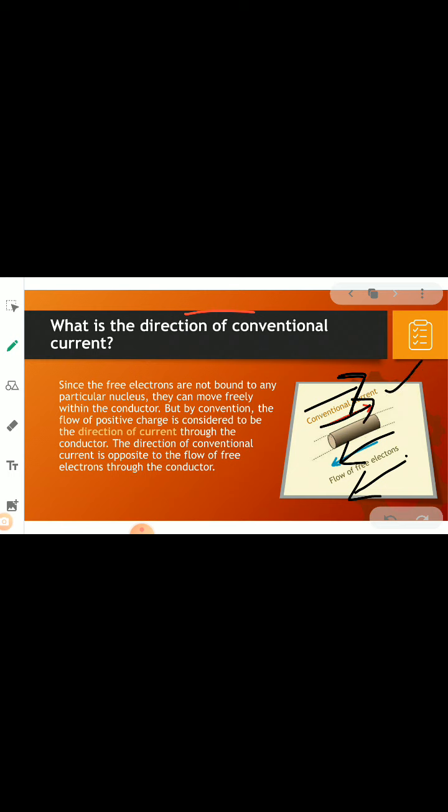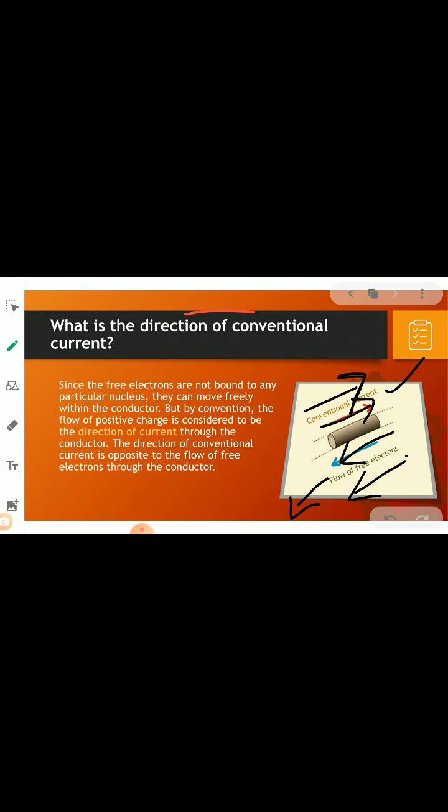You can see this is the direction of electric current. This is the direction of free electrons. Also, you have to remember this concept. In today's class, we have studied about, first and foremost, you have to remember what is electric current.